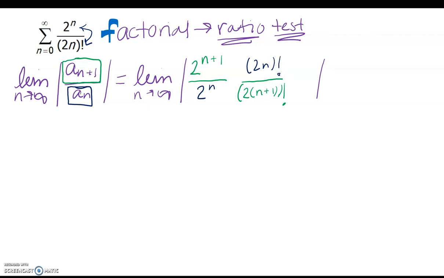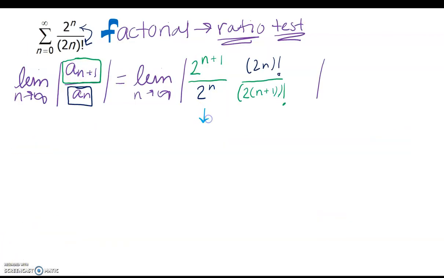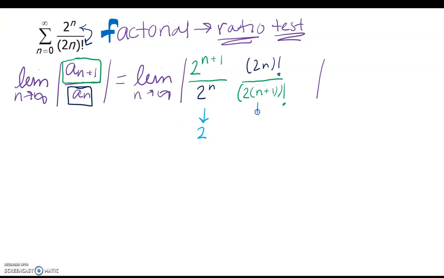And then I do want to simplify this, and we can do some of this in our head. So for example, 2 to the n plus 1 over 2 to the n is just going to give us 2. Looking at this, we have 2n factorial over, well, that's going to become 2n plus 2, 2n plus 1, stopping at 2n factorial.